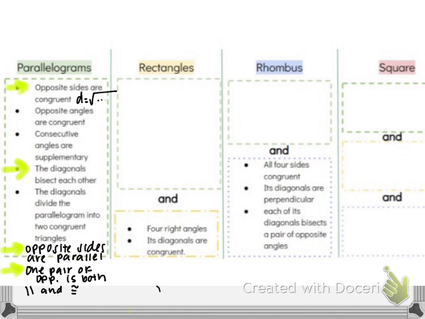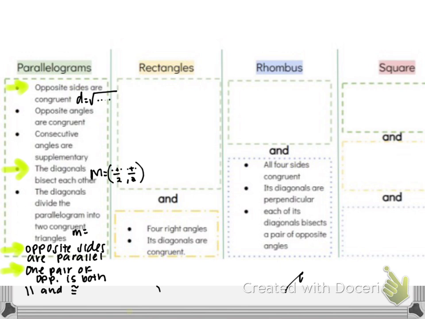This one right here, diagonals bisect each other. That's the one where you use the midpoint formula. And if they have the same midpoint, then that means that they are bisecting each other. Opposite sides are parallel.